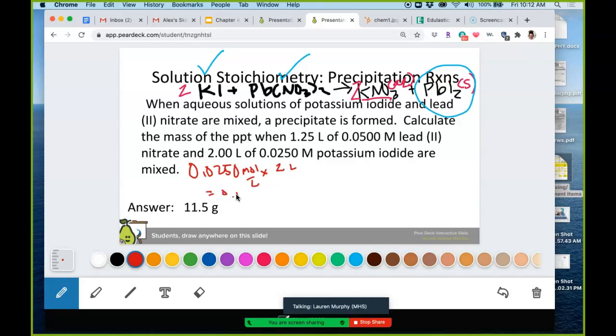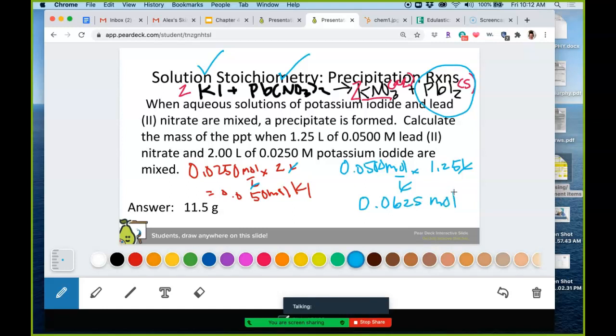So this is 0.05 moles of KI. Okay, and then I'm going to do it again, but I'm going to do it for the lead 2 nitrate. So 0.05 moles per liter times 1.25 liters, right? These liters cancel. This ends up being 0.0625, I think. Oh, let me double check.